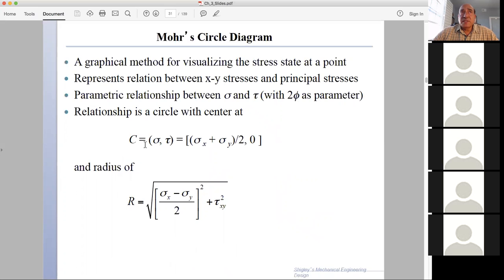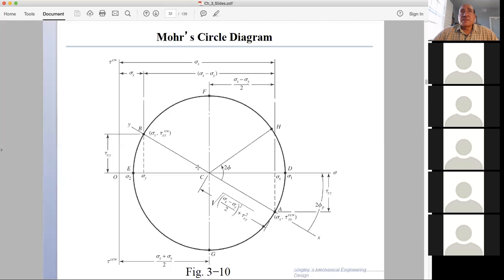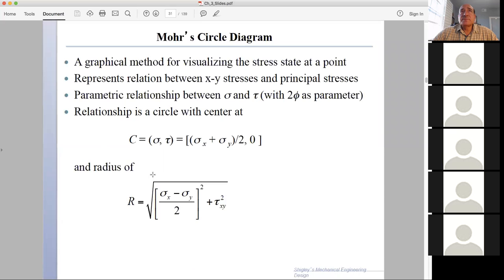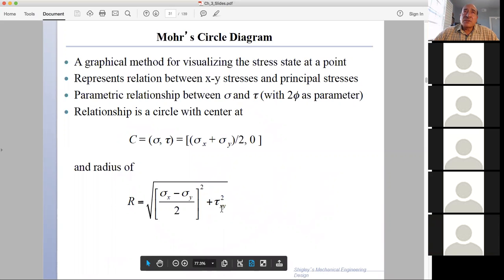So we can determine the center of the circle, C, which is midway between sigma x and sigma y. This is sigma x here, and this is sigma y. Then the other important part of the Mohr circle, once you determine the center, is the radius, which is the square root of tau squared plus ((sigma x minus sigma y) over 2) squared.